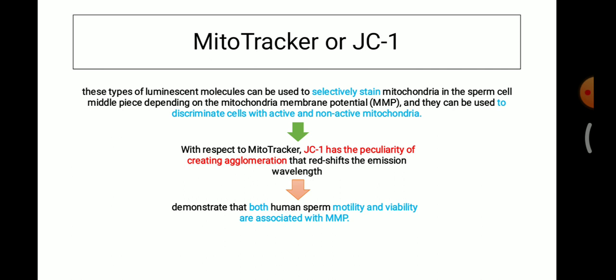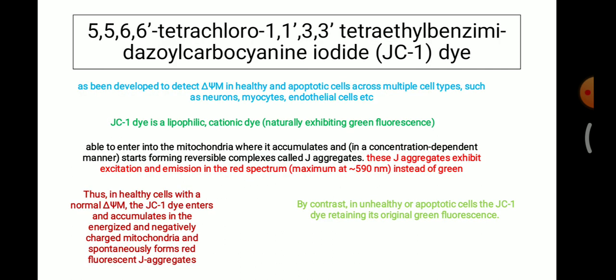With respect to MitoTracker, JC1 has the peculiarity of creating aggregates that shift the emission wavelength, which demonstrates that both human sperm motility and viability are associated with MMP. For this reason, we will look at the JC1 stain and its importance.